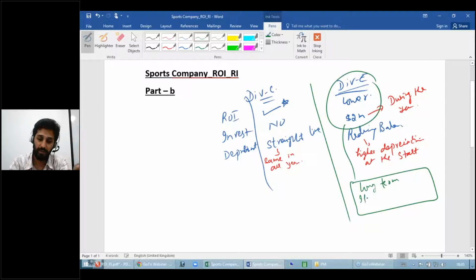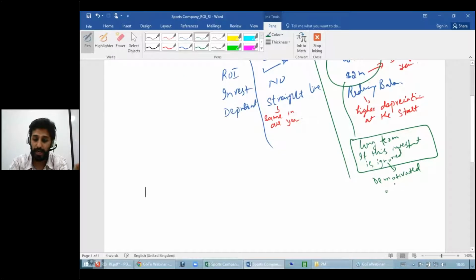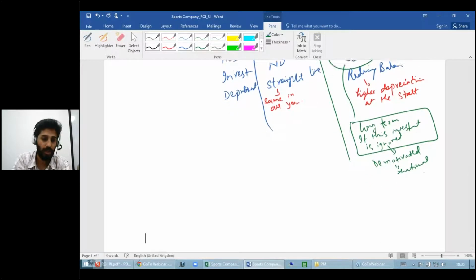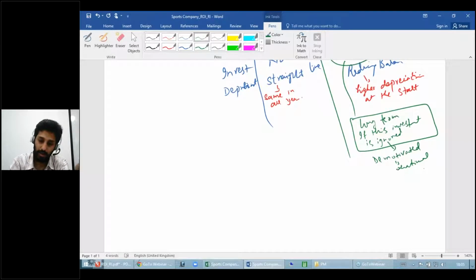If their efforts, if this investment is ignored, then they might be demotivated, and it may be possible that demotivated staff would impact operational efficiency. All right.